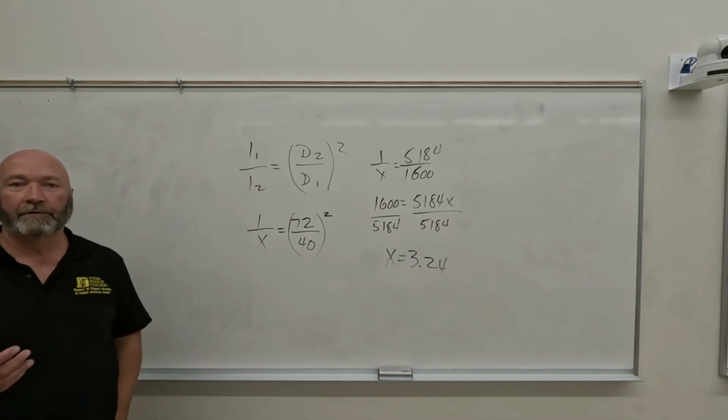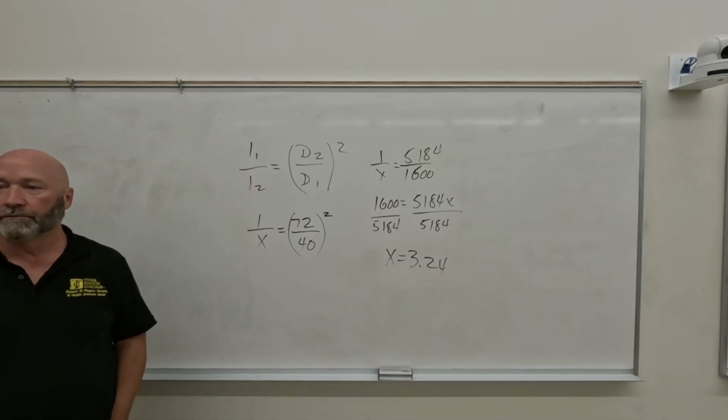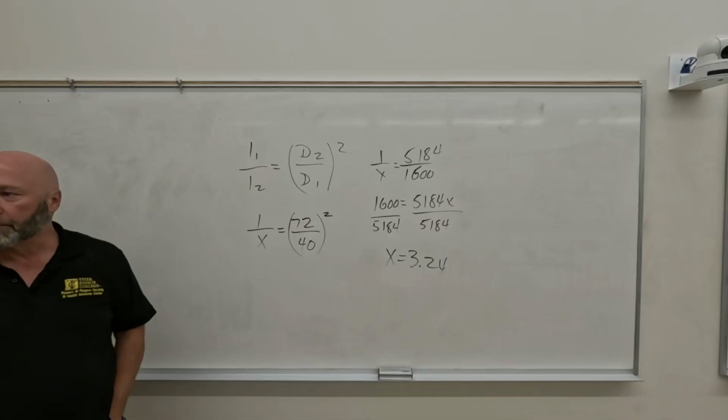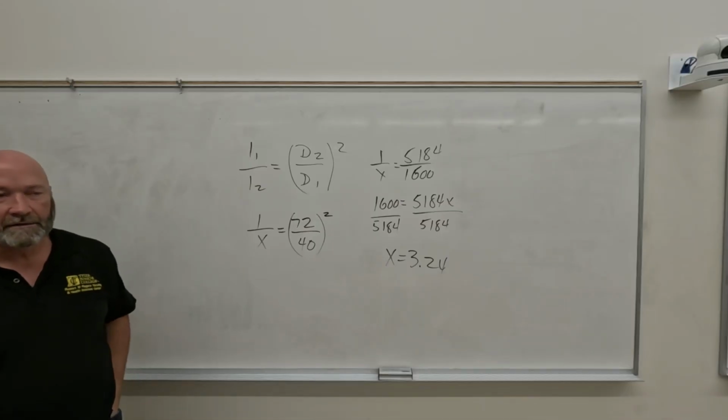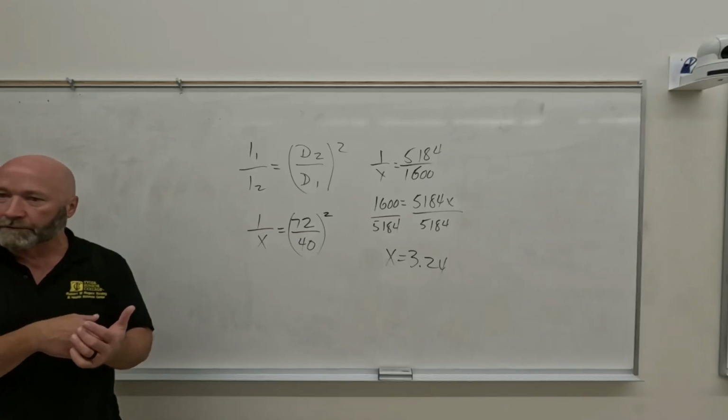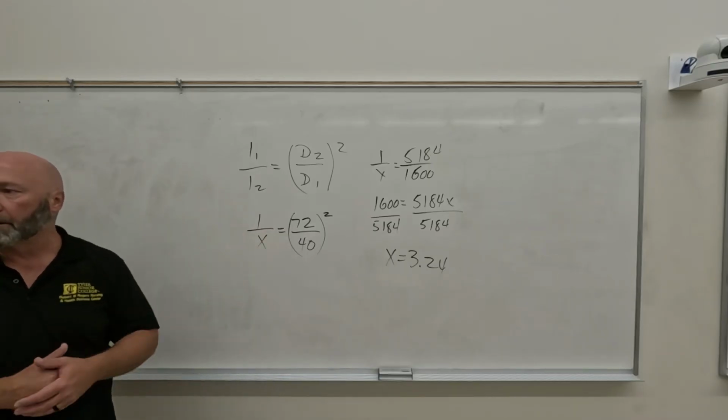If you increase your distance to 2 feet, what's your new dose? You divide by 4, so it'd be half. All right, so that should be in your mind when you see dose. We're talking inverse square law.